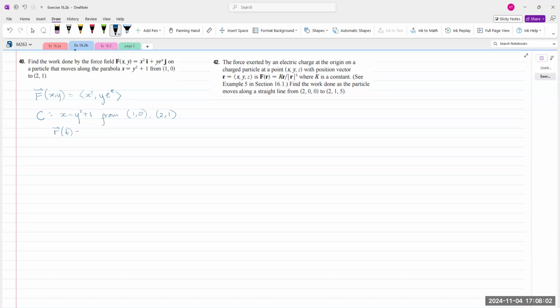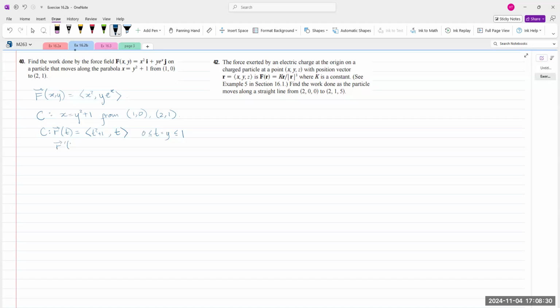So r(t) is given by, if y is t, then x will be t squared plus 1, right? And then y from 0, it means t is from 0 to t equals 1.